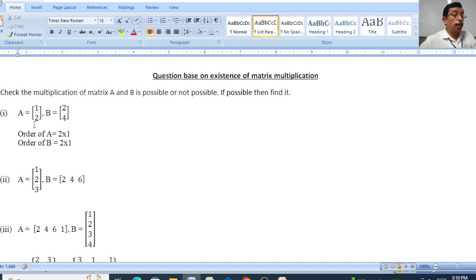Now the main point: the number of columns in the first matrix is 1 and the number of rows in the second matrix is 2. It is not equal. The number of columns is not equal to the number of rows, so the multiplication is not possible.